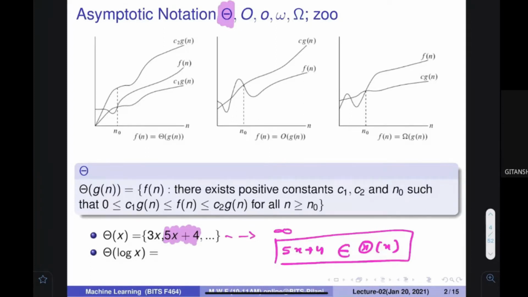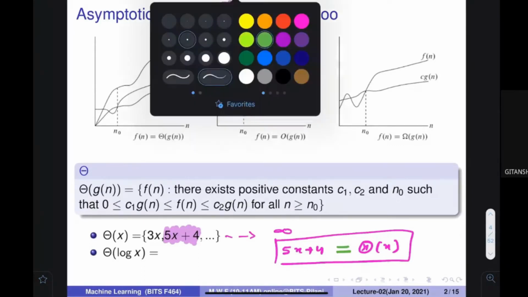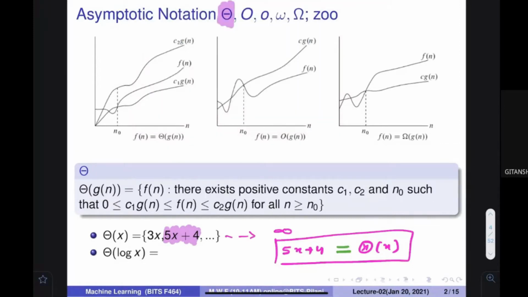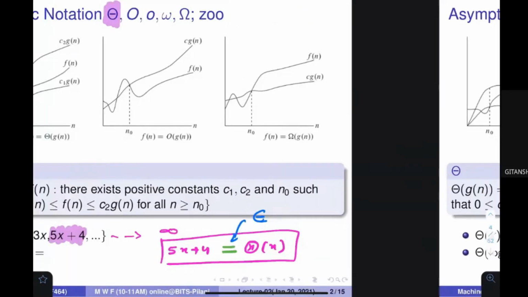One more thing that is very strange, but in our algorithmic domain, this is written like this: 5x plus 4 is equal to theta of x. Essentially I am writing it like this, but you would read it as set membership.